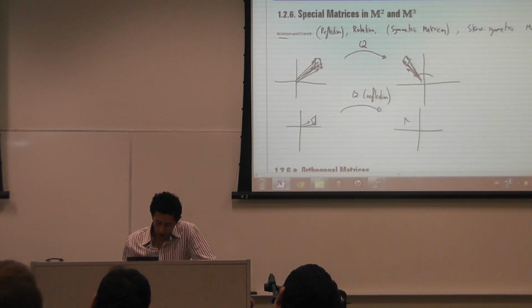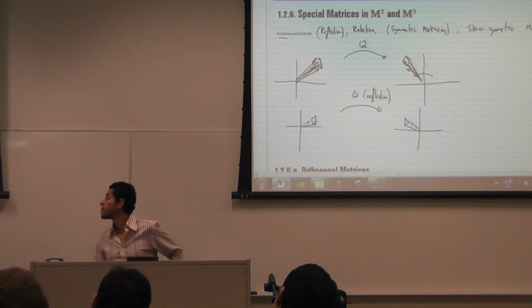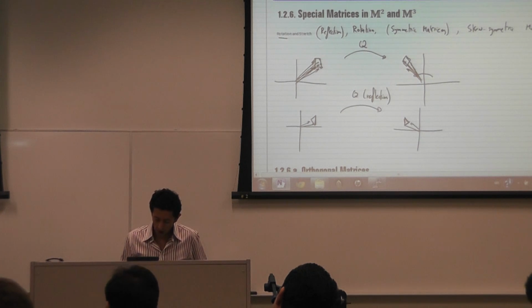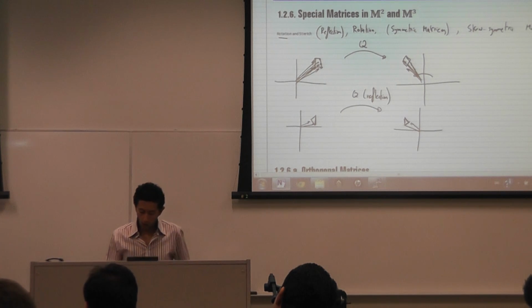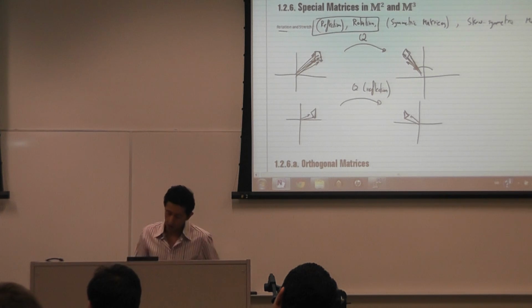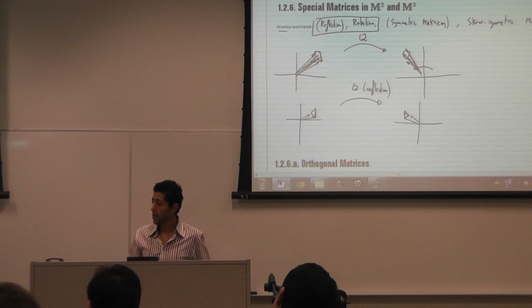You get the same distances and everything, but just a mirrored shape of the object. So what we're going to study now is these kinds of matrices, which either rotate or reflect, and these matrices are called orthogonal matrices.